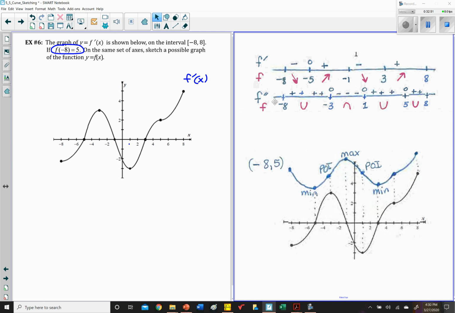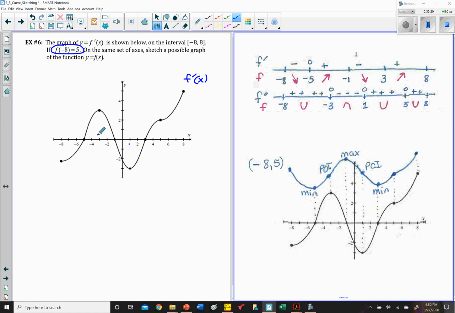Then I went back and read the derivative graph for second derivative behavior. These are positive slopes. The first derivative is increasing, so the second derivative is positive. The function graph would have to be concave up between -8 and -3.